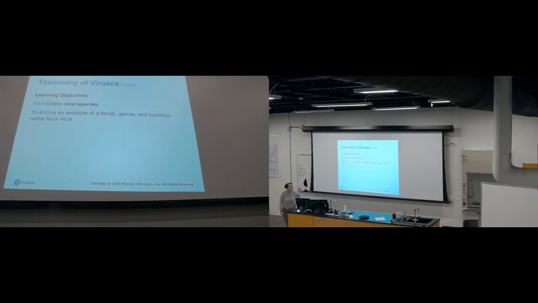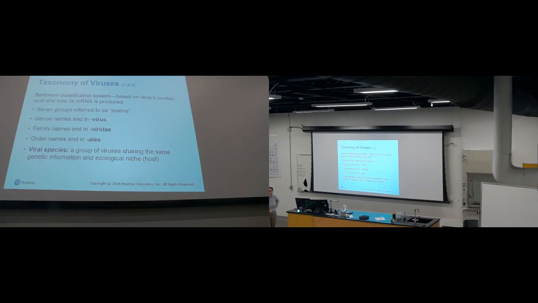So now let's look into what virus species are, and then we're going to see examples of family, genus, and common name for viruses. Taxonomy. So we have this taxonomy that is based on the Baltimore classification system, in which you will have these names that you give to the viruses.